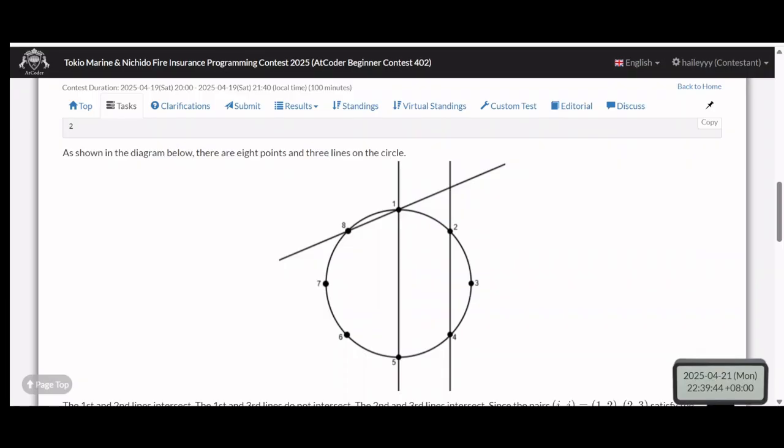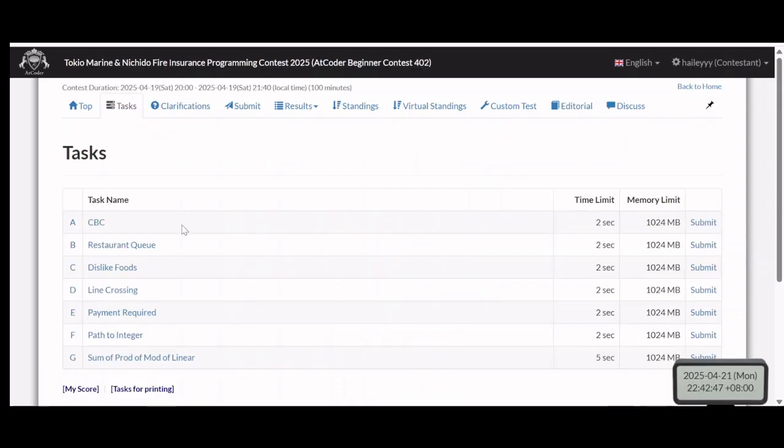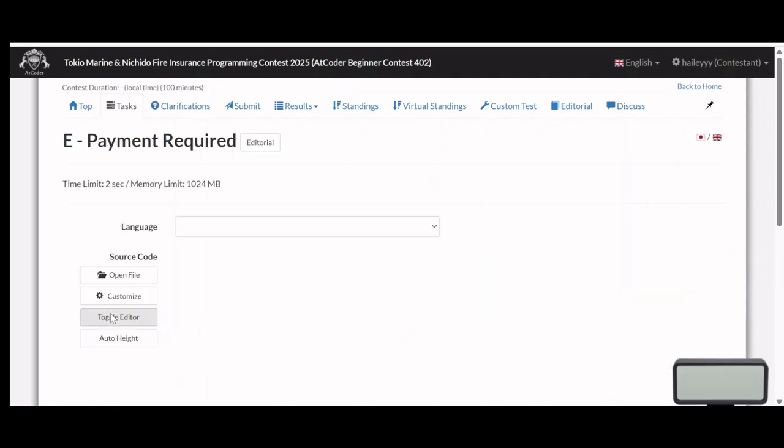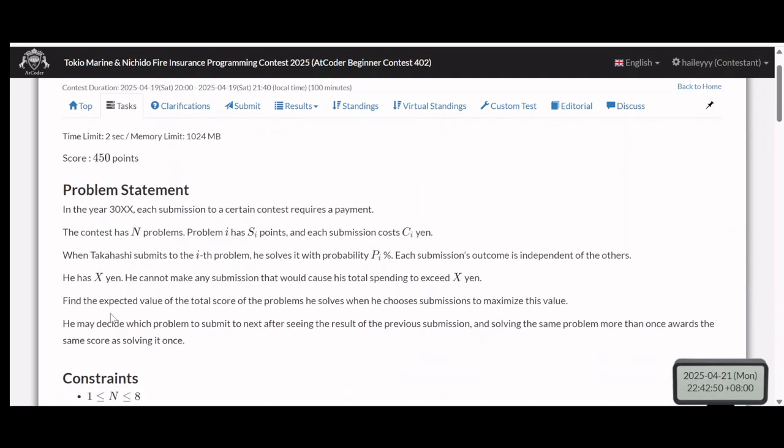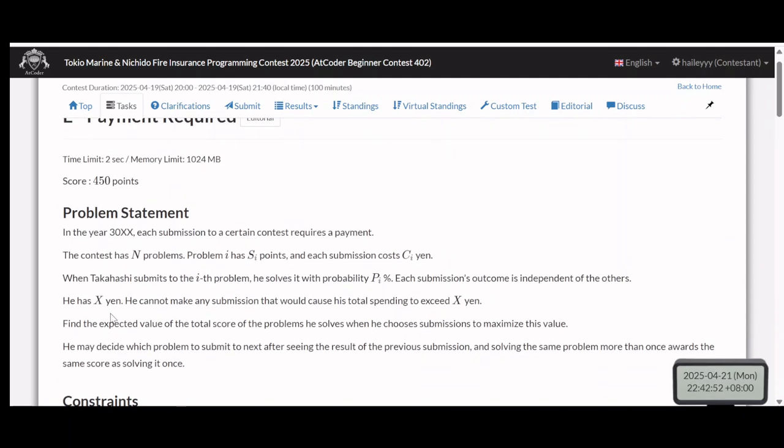Next, we look at problem E. For problem E, in the year 30XX, each submission to a certain contest requires a payment, and the contest has n problems.